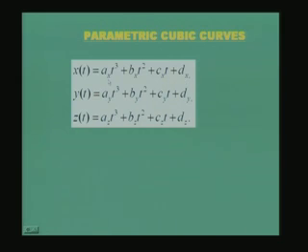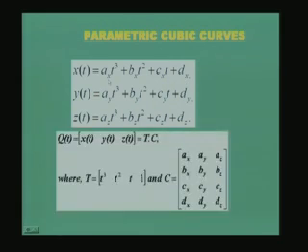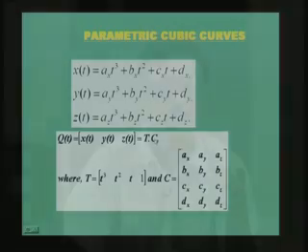The subscripts indicate the parameters in the x, y and z domain, and you can put them together into matrix form as q(t), the parametric cubic curve expression x(t), y(t), z(t), as T multiplied by C, where T is the vector of the parameters t cube, t square, t and 1, and C is this particular matrix. This is what you can write as your parametric cubic curve expression.